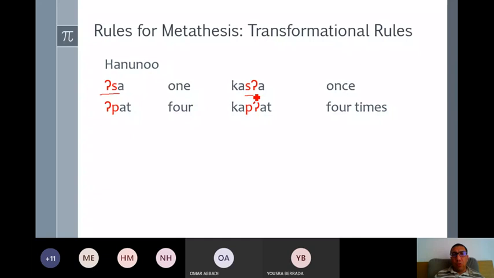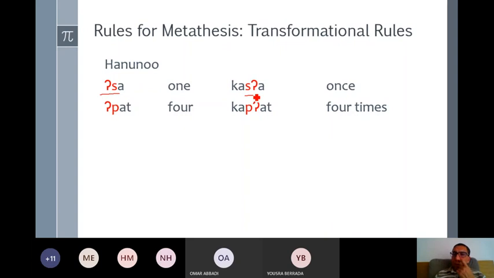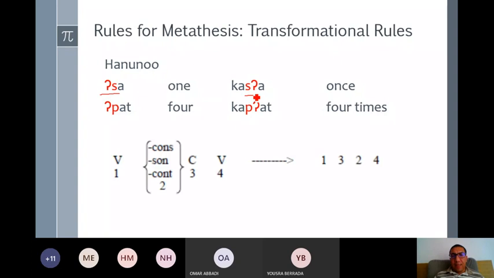How are we going to formalize this metathesis rule? By using the transformational format. Now, the transformational rule format lists the string of segments and the boundaries.